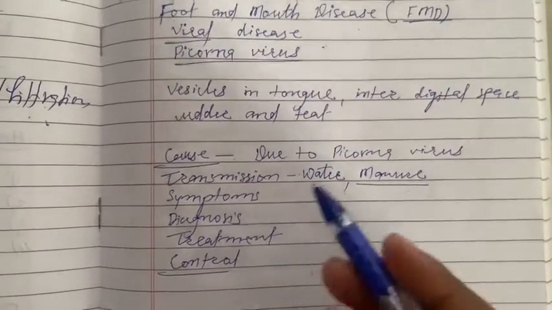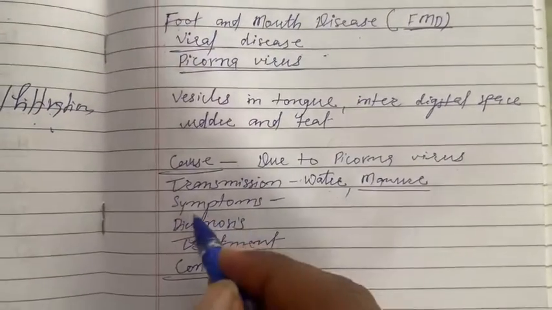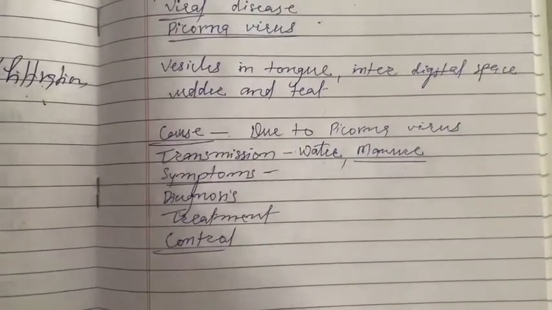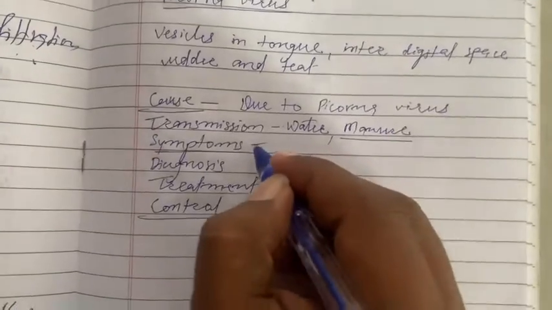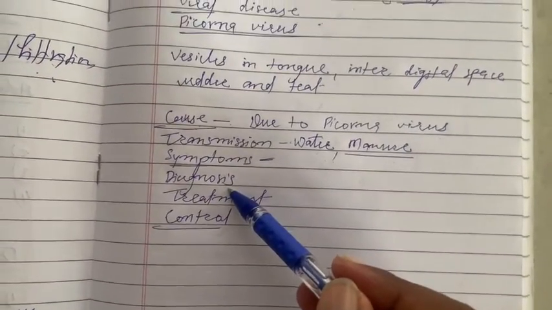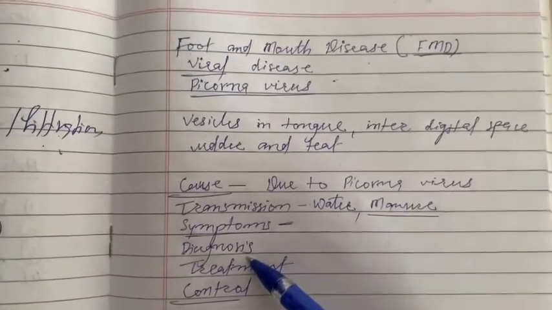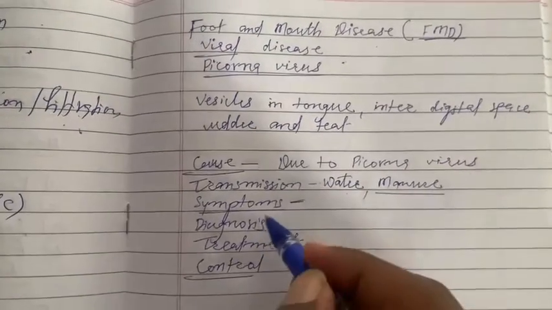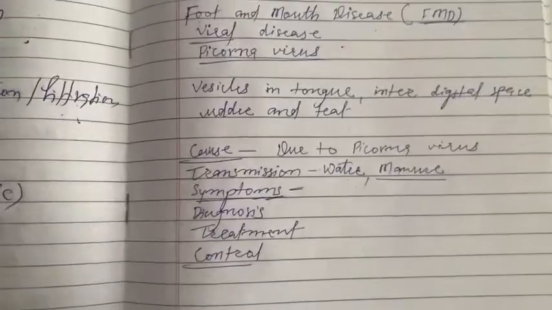Now the third point is the symptoms. As I told you earlier, the symptoms are very important, on the basis of which we may give a particular name to the disease. So let's see the symptoms.